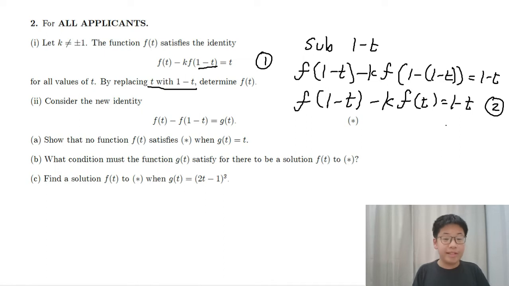What do we do with these two equations? Since these form a simultaneous equation in f(t) and f(1 minus t), we either do it by substitution or by elimination. Let us write down the two equations.